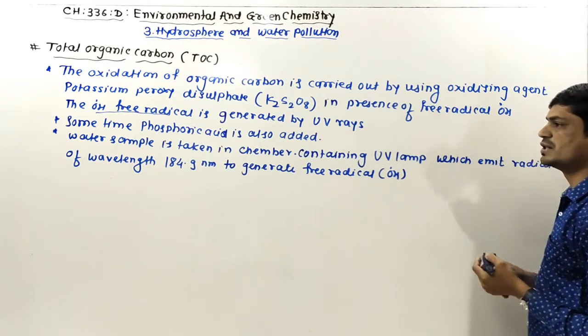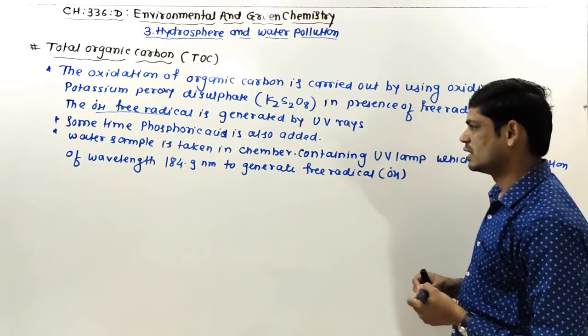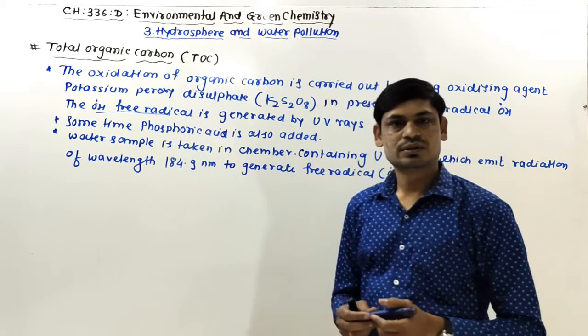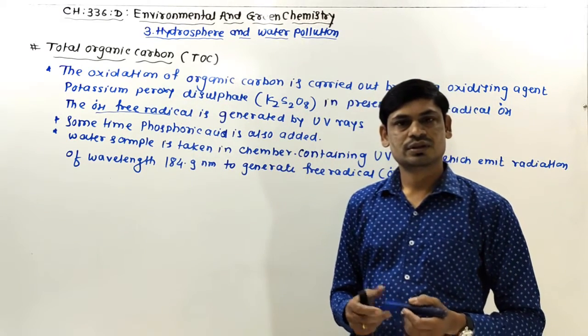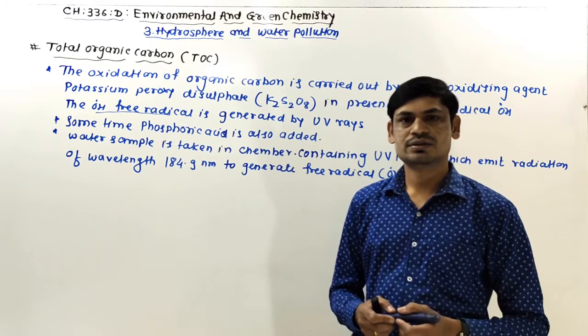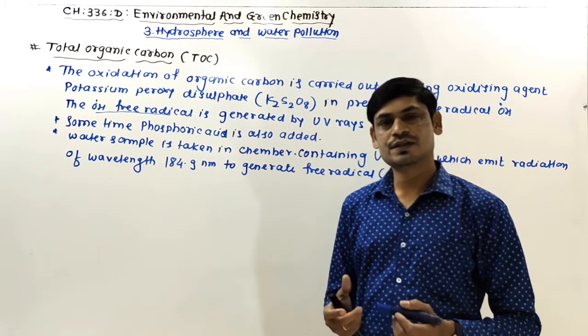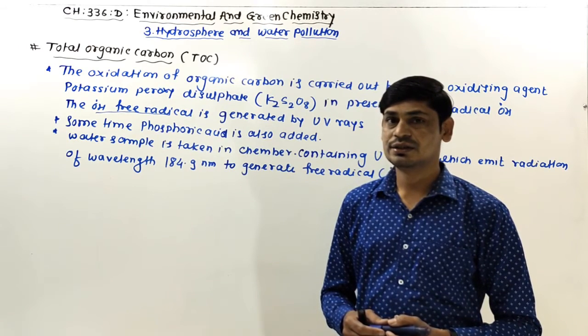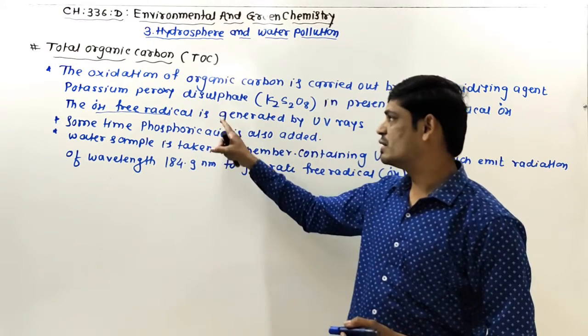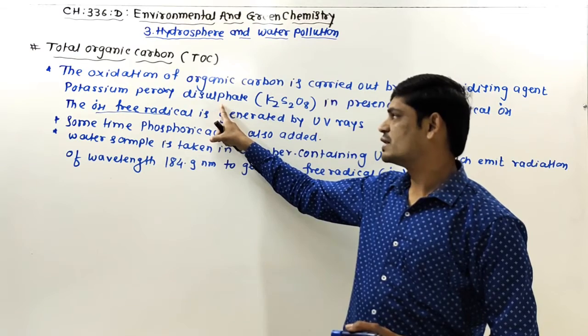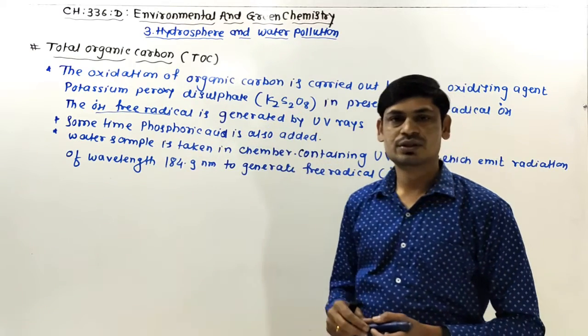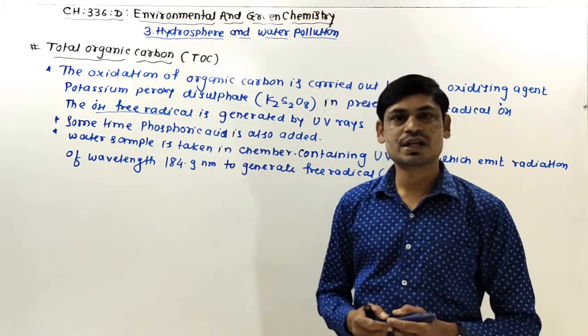Hydroxy free radical will be generated here. Now, the organic content, meaning the carbon content from the water sample, in presence of hydroxy free radical undergoes oxidation by using potassium peroxydisulfate to give the corresponding carbon dioxide and water.